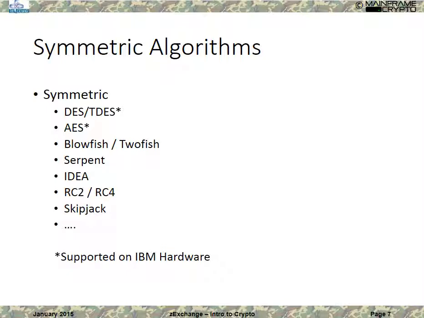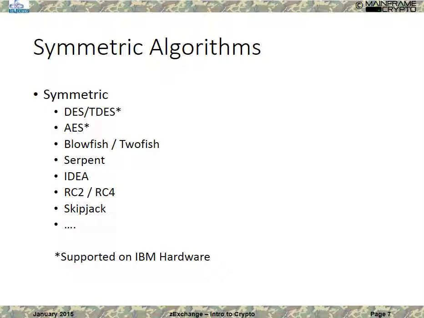There are other algorithms that are implemented, some in IBM software. For example, Blowfish is implemented with System SSL, so it's provided in software. Some of the other algorithms maybe aren't quite as secure. Skipjack got a lot of attention in the Clinton administration and maybe weren't considered quite as secure, so they haven't been as widely accepted.